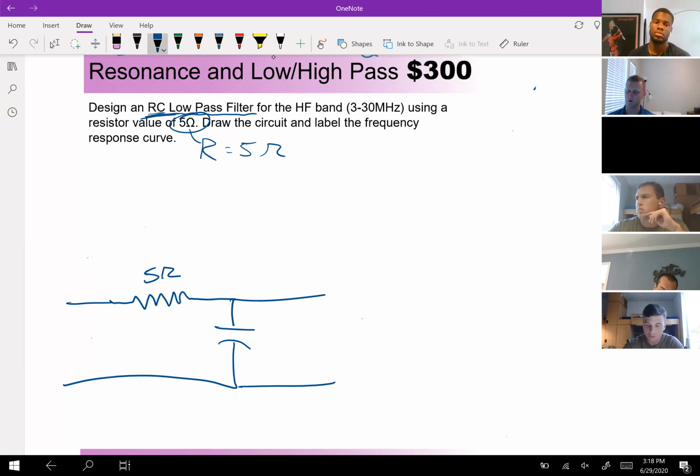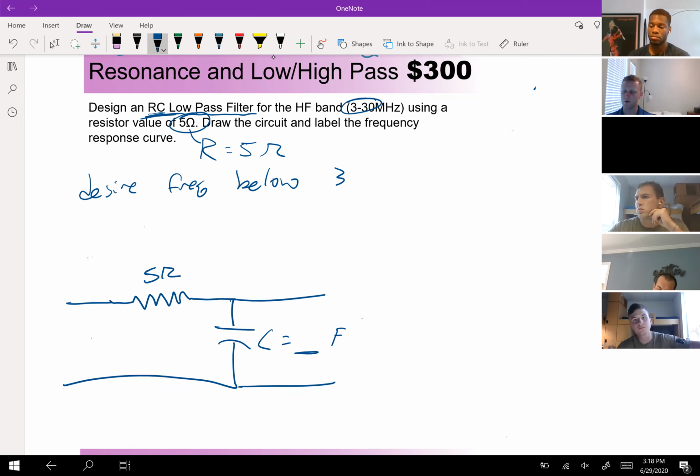But what we don't know is we're going to have to solve for a C of something in farads because we're designing this filter. And what are we trying to design it for? It says 3 to 30 megahertz. And so the low pass side of it is that everything below 30 is what we want, right? We desire frequencies below 30 megahertz.